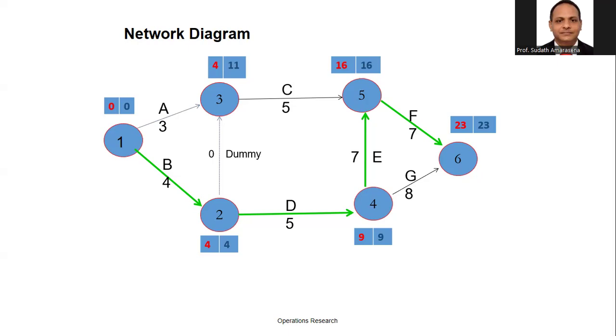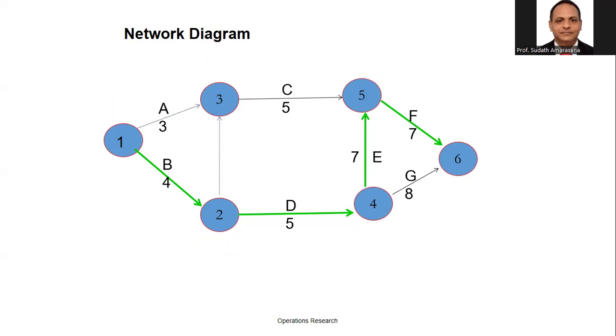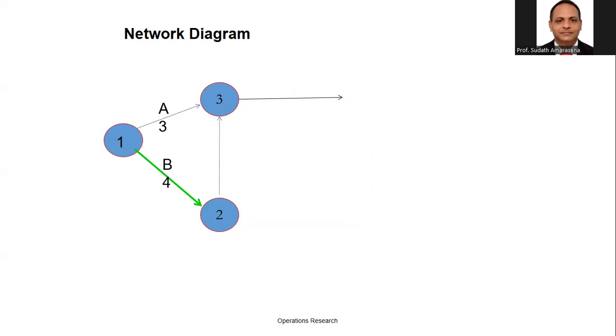Then you need to add the critical activity variations and get the total variation. Now you can add B variation plus D plus E plus F. If you go to the previous slide, you can see B, D, E, F and get the variation values.